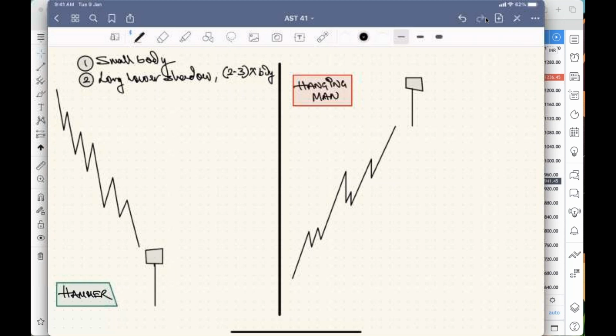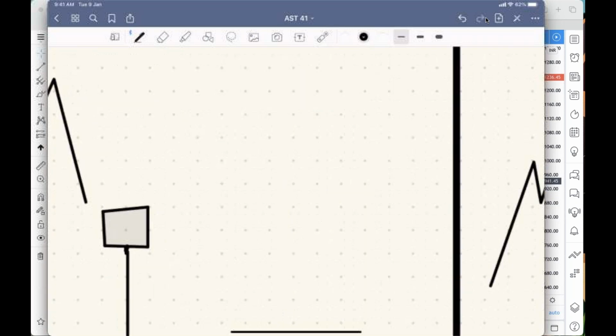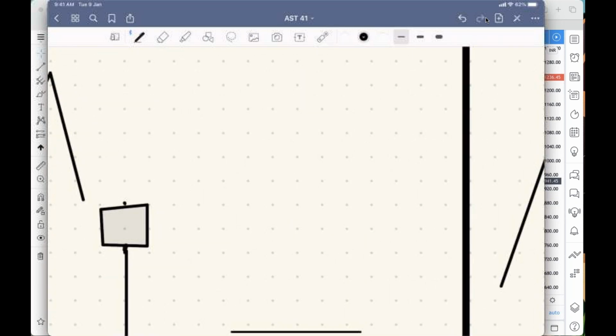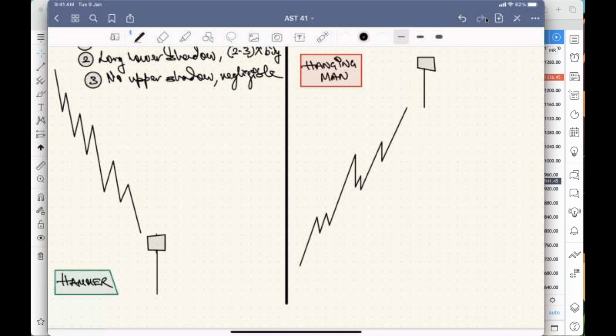So small body, long lower shadow. Number 3, no upper shadow, or you can say negligible. It's so tiny that it's as good as not having it.